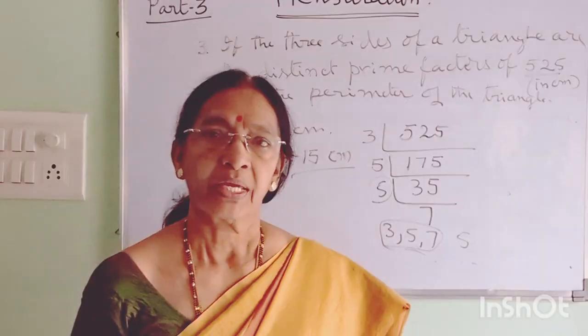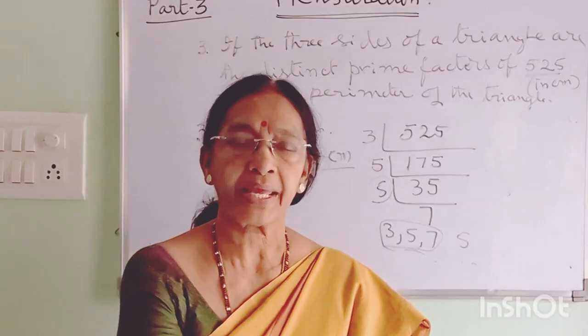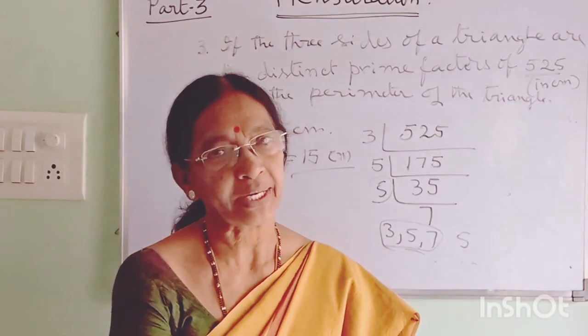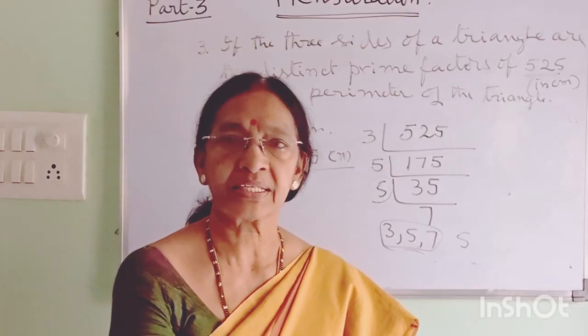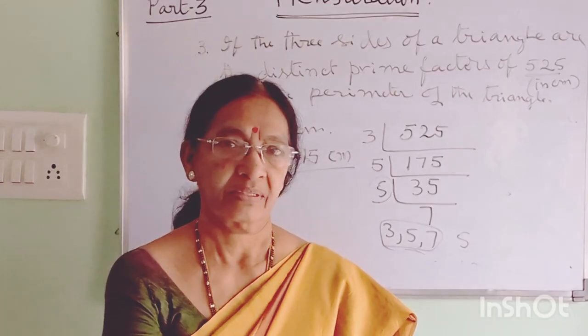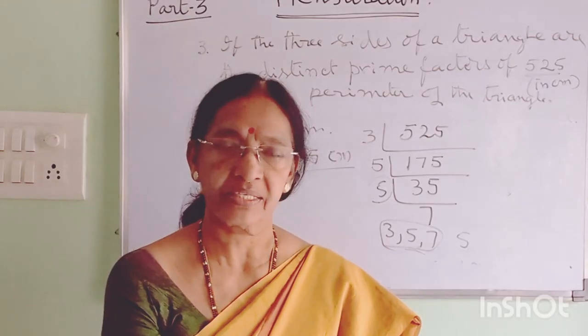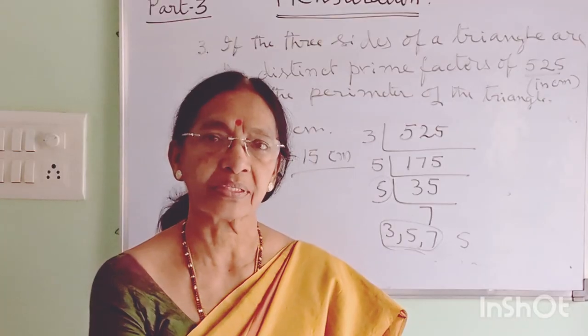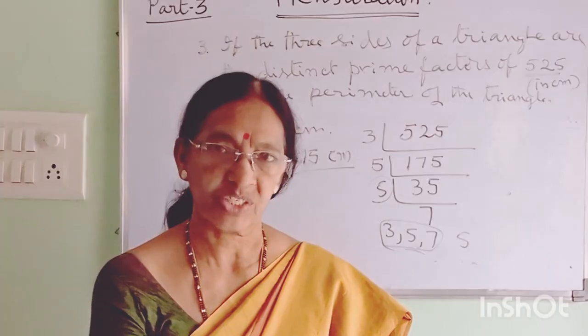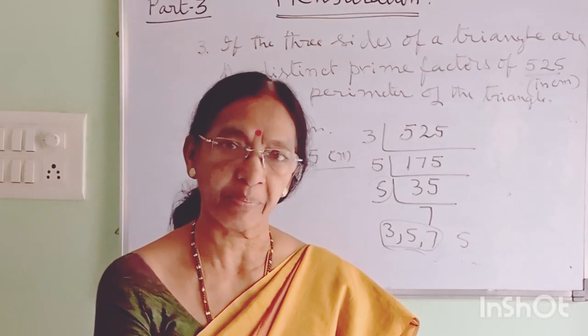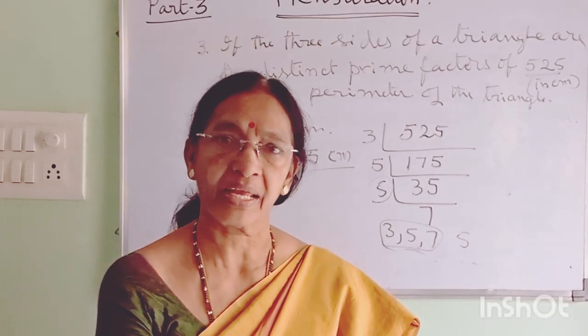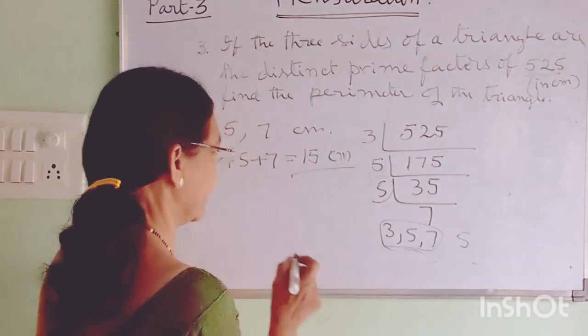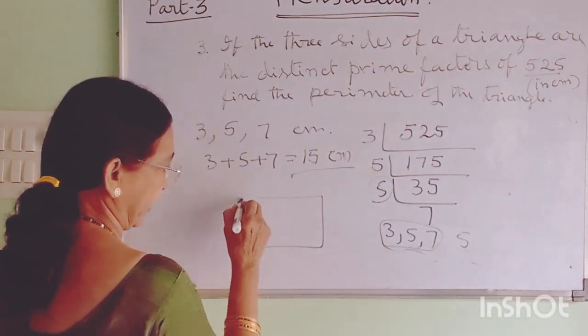Next one. If the length of a rectangle is equal to the breadth of that rectangle, it is a dash. It is a square. If length and the breadth are equal in a rectangle, it becomes a square. See, it is a rectangle.